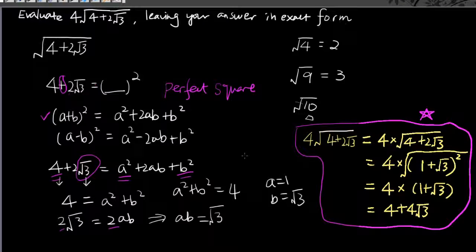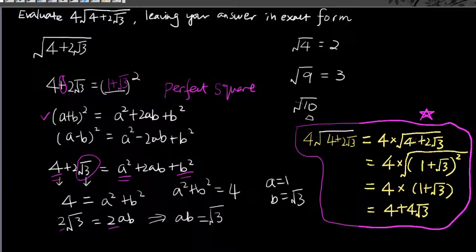So now we can start doing the question, because we know what a and b are, and we know 4 plus 2 root 3 is (1 plus root 3) whole thing squared. So 4 times the root of 4 plus 2 root 3 equals 4 multiplied by the square root of 4 plus 2 root 3.